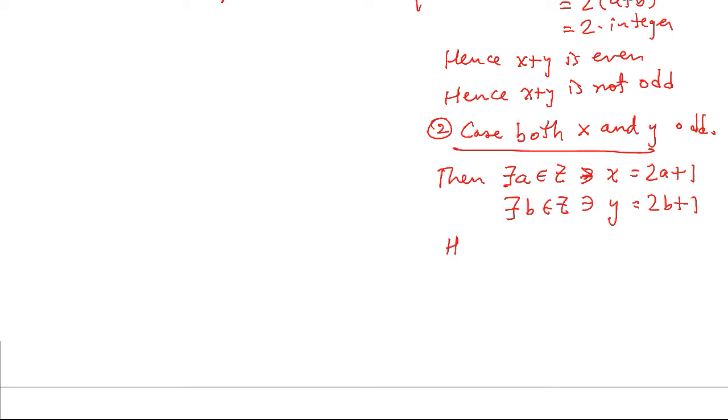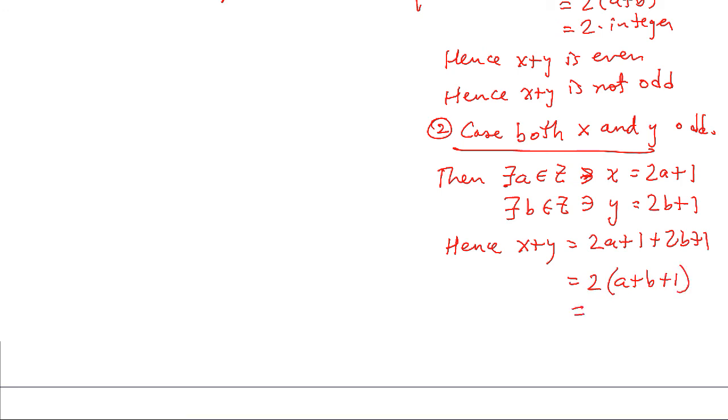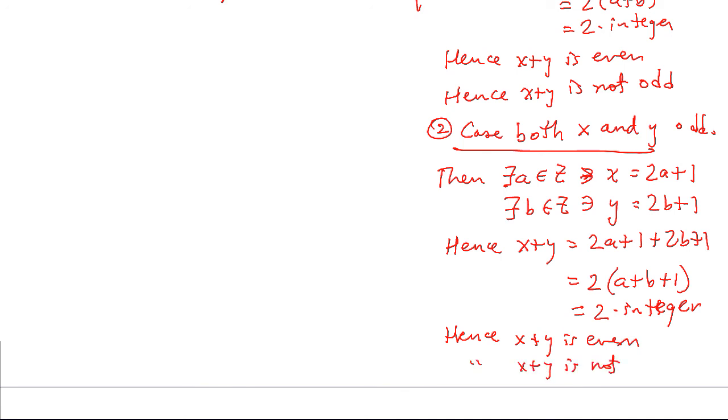Hence, x plus y is 2a plus 1 plus 2b plus 1, which is twice a plus b plus 1, which is of the form 2 times an integer, and hence x plus y is even, and hence x plus y is not odd.